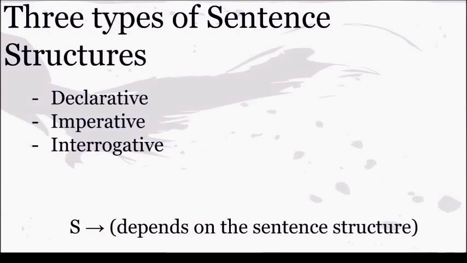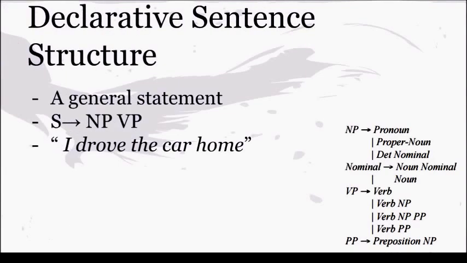Previously, I mentioned how the first variable S depends on the type of sentence structure. There are three main ones we're going to discuss. They are declarative, imperative, and interrogative. Declarative sentence structure is just a general statement that conveys some kind of information. For example, I drove the car home.